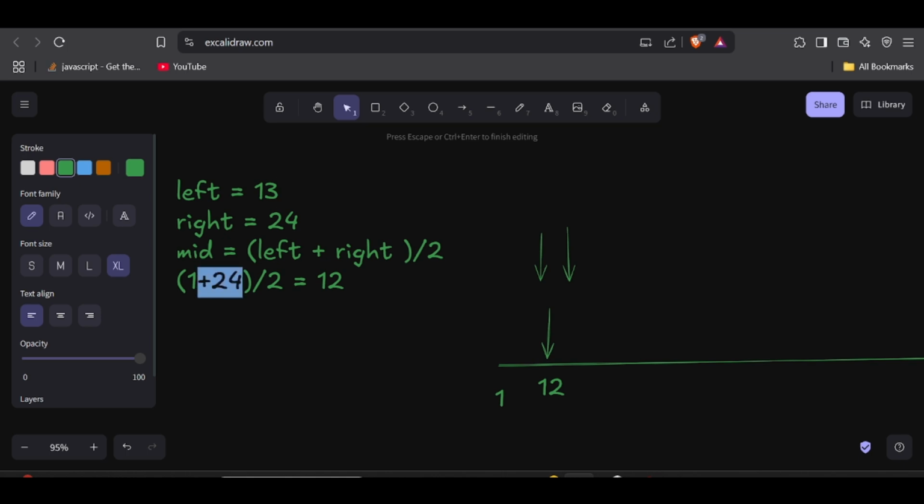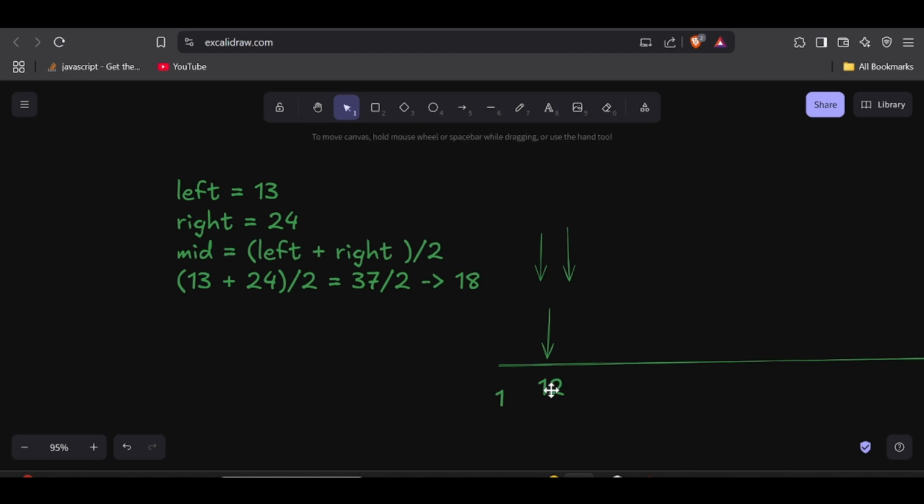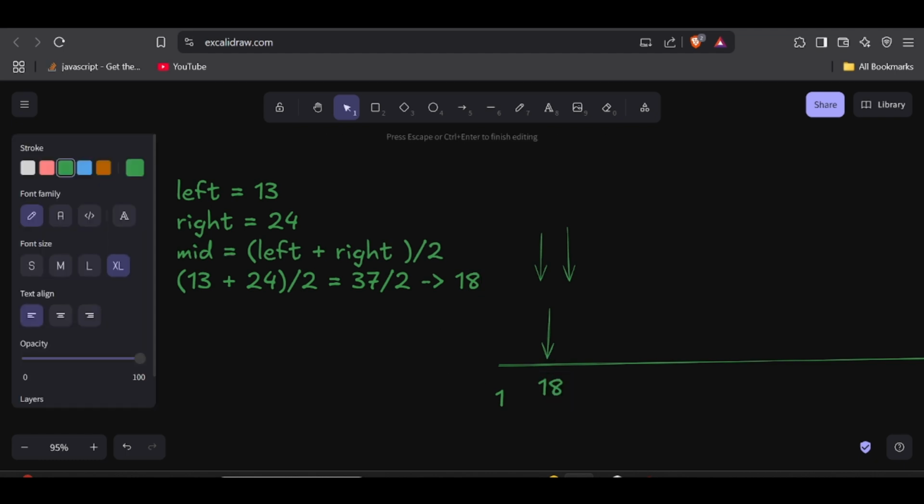So what will be my new mid? 13 plus 24, that is 37 divided by 2. It is around 18 only. So my new mid will be 18.